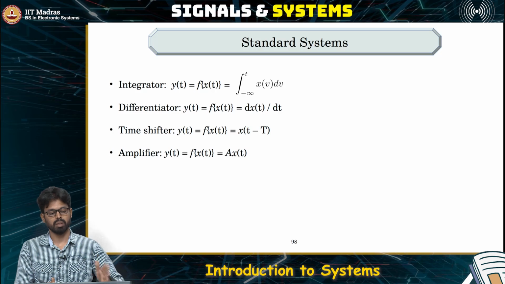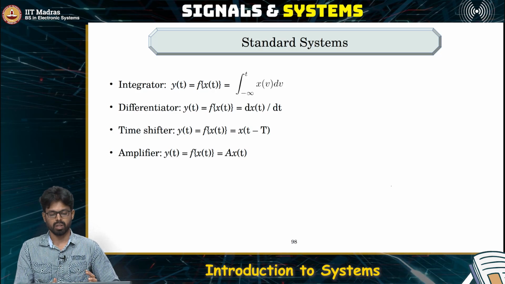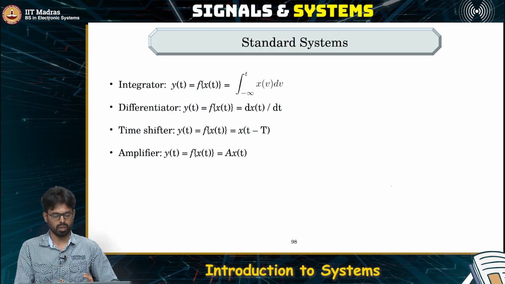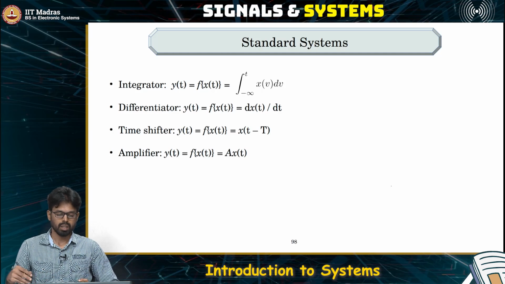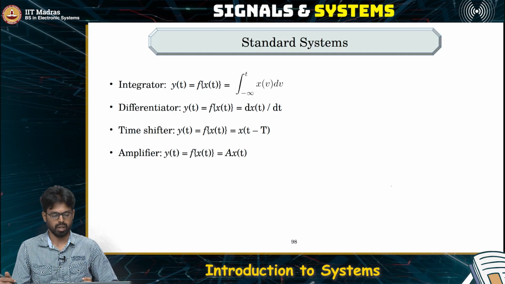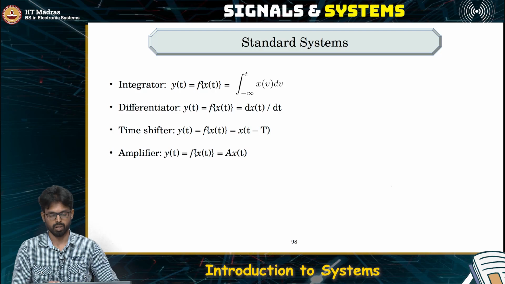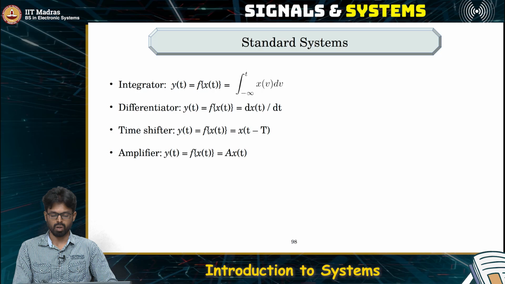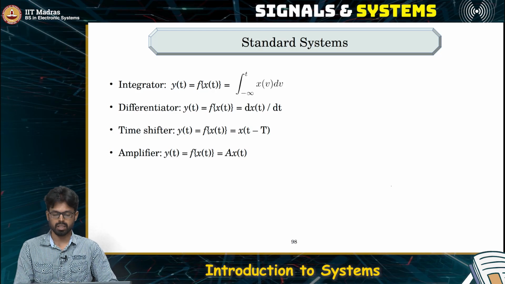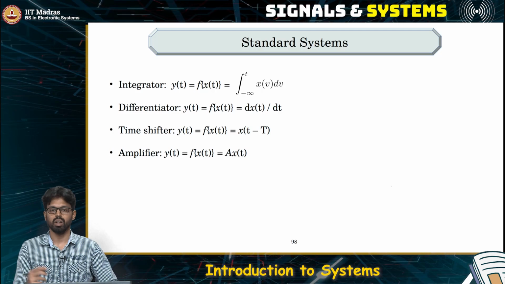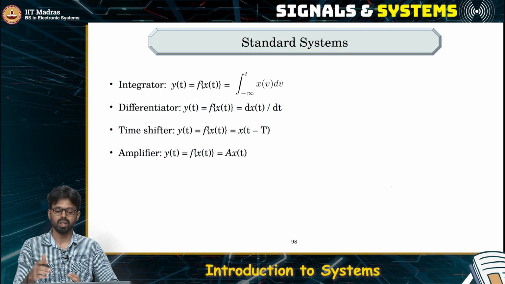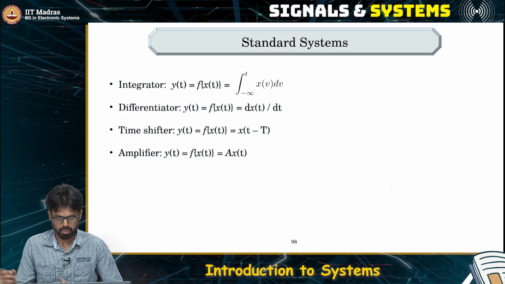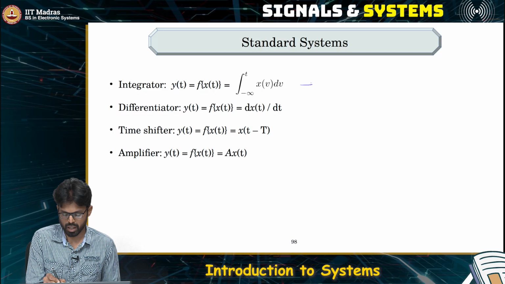Basically, these are nothing but a combination of a capacitor or an integrator, a resistor, an operational amplifier, or some kind of delay circuit. These are the very standard systems that we would often encounter. Of course, there are many more than these, but most often we can model many systems as a combination of these four.